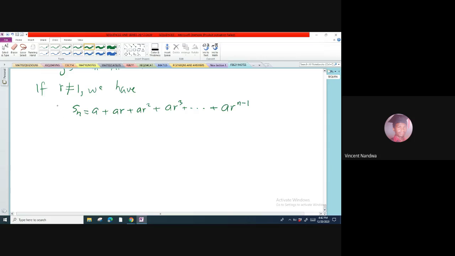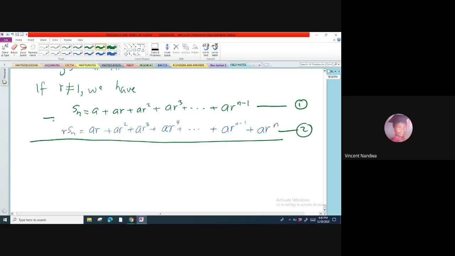And then let's multiply this by R so that we get R Sn given by AR plus AR squared plus AR cubed plus AR power 4 plus AR power n minus 1 plus AR power n. If we call this equation 1 and this equation 2, we can get the difference between these two equations, so that we'll have Sn minus R Sn.